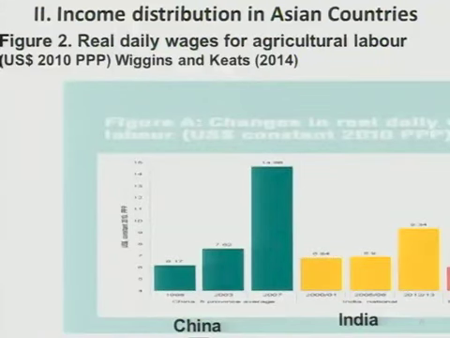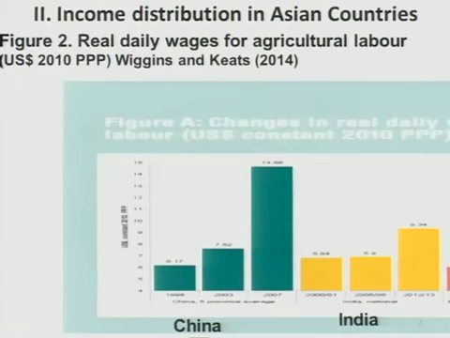So we argue in the paper, if we discuss the urban and rural disparity, the agricultural wage rate, in terms of real daily wage rate, played an important role. Particularly in China, it has seen steep, fast growth.